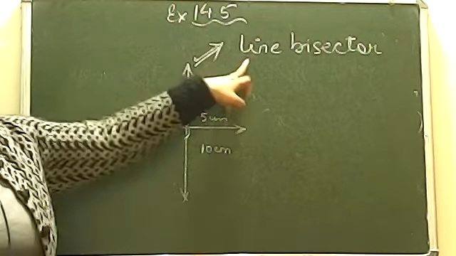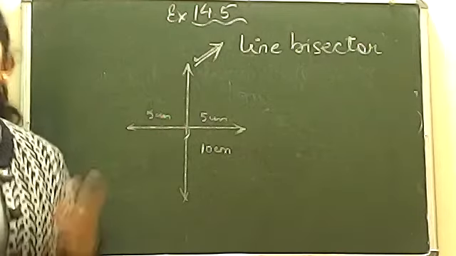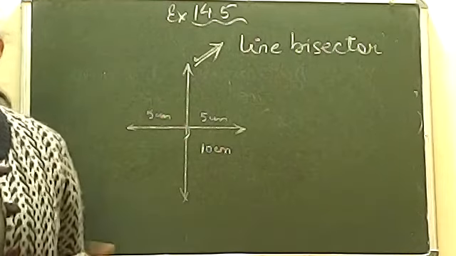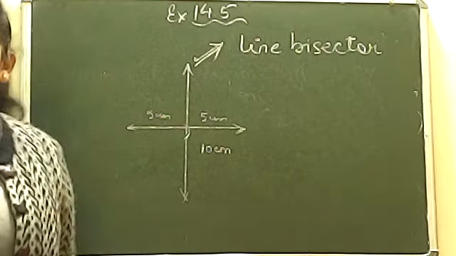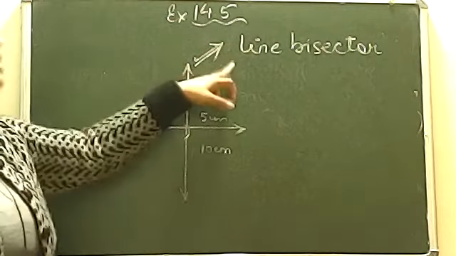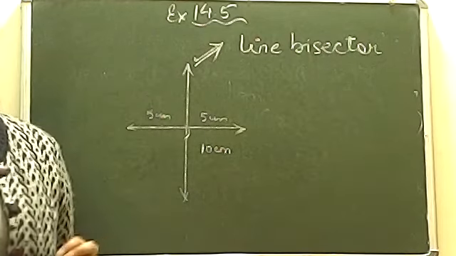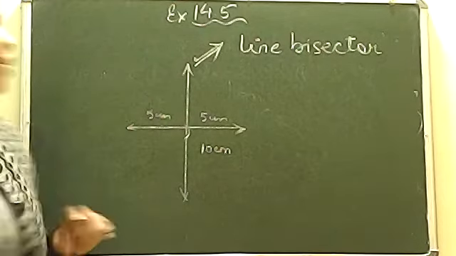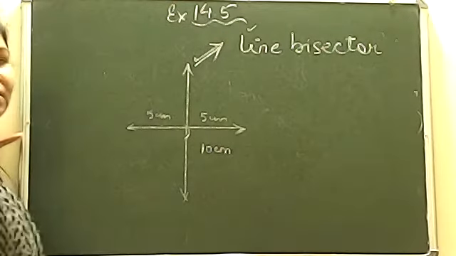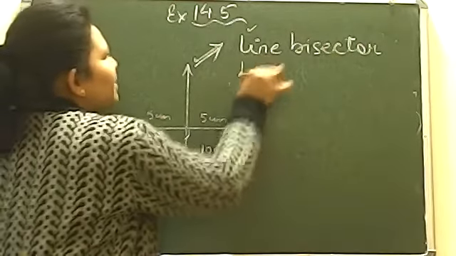Remember, line bisector and angle bisector is the line which divides that particular thing into two equal parts. If it is dividing the angle into two equal parts, we will be calling it angle bisector. If it is dividing a line into two equal parts, we will be calling it line bisector. Okay, first name. So remember, this is the first thing whose name you have mentioned, line bisector.